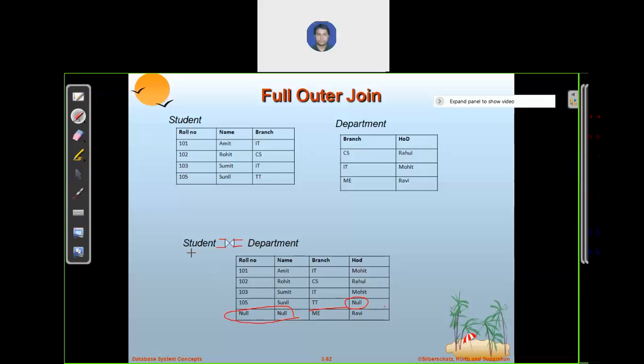I'm again pausing for a minute, and you see this example and try to understand.